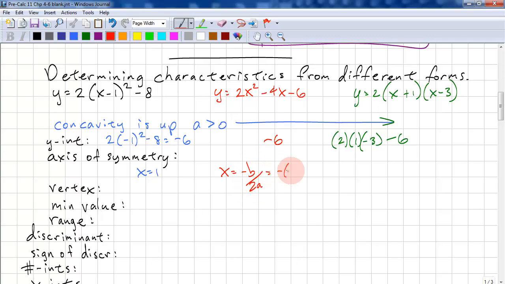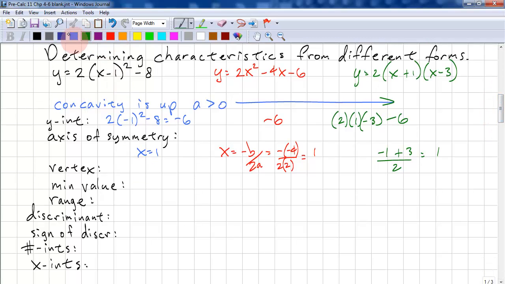So minus negative 4 over 2 times 2. We get 1. 2 negative signs is positive. And in this form, we simply do negative 1 plus 3 over 2. That's 2 over 2, and that's 1. We average the two x-intercepts.